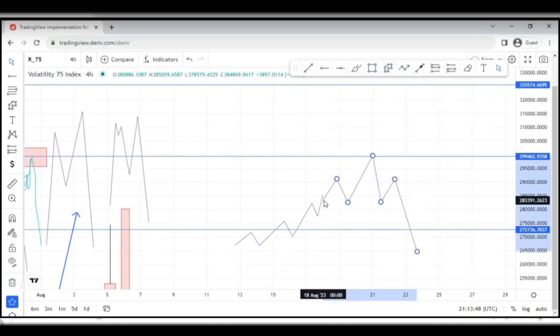Okay, I want to explain to you guys here something. So higher high, higher low, higher high, higher low keeps going. Now it created this higher high, created a normal higher low, good. Then the next it created another higher high, cool.